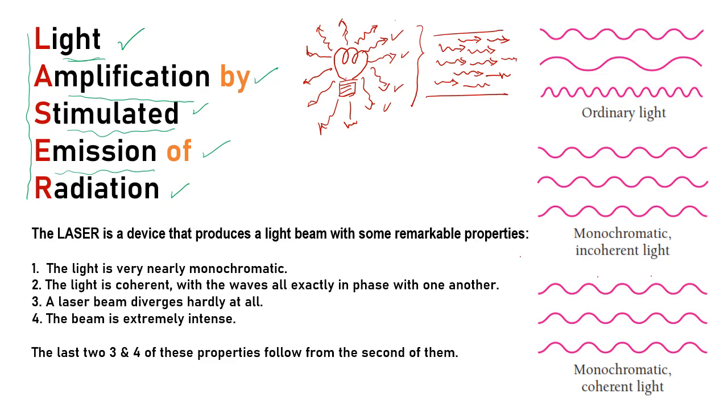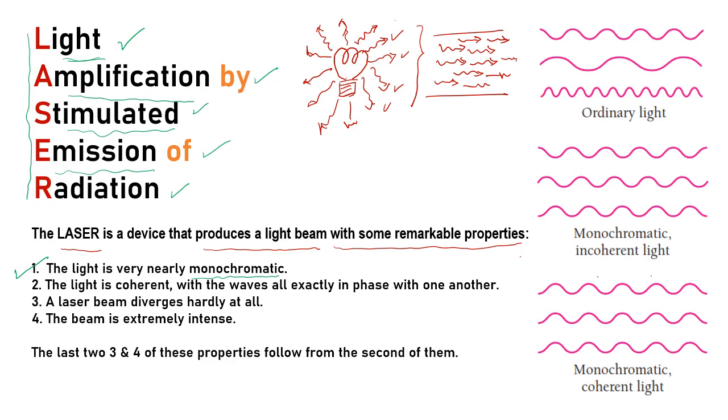So a laser is a device that produces a light beam with some remarkable properties, and the first one is that laser light is very nearly monochromatic. What do we mean by monochromatic?